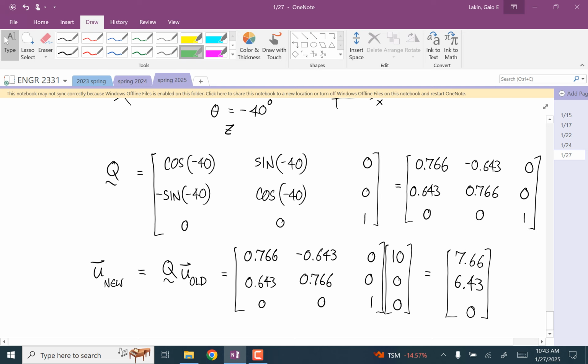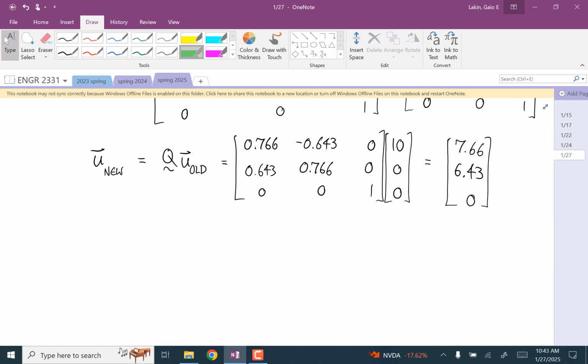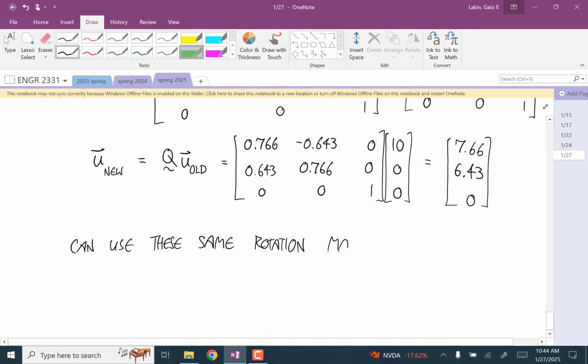Okay, don't leave yet. This is the punchline. So you can use these same rotation matrices to express a stress tensor in a new coordinate system.